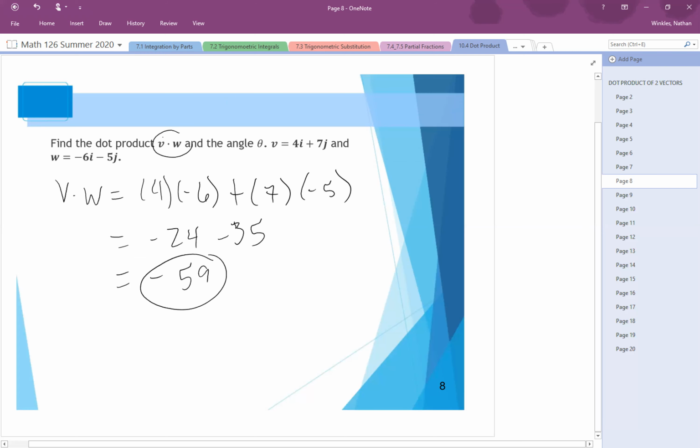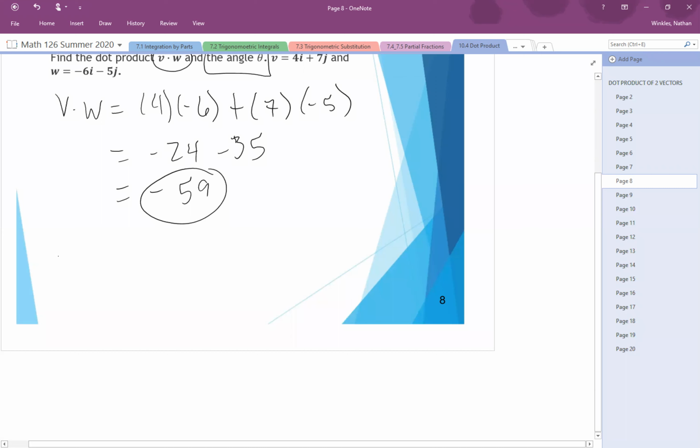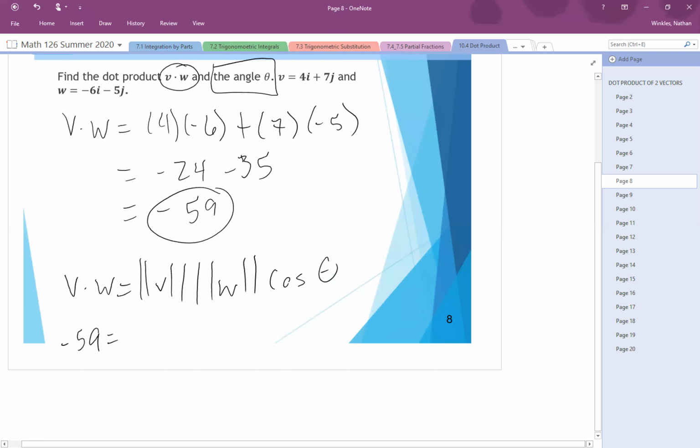Well, now we need to find theta. So we know that v dot w is equal to the magnitude of v times the magnitude of w times cosine theta. Well, we know v dot w, so we got -59. The magnitude of v is the square root of 4 squared plus 7 squared. So 16 plus 49 is the square root of 65.